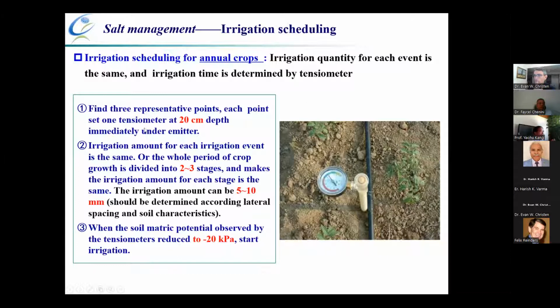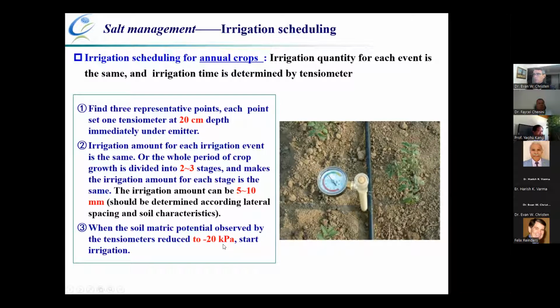We find 3 representative points in the field, and at each point we set a tensiometer at 20 centimeter depth immediately under the drip emitter. So the irrigation amount is the same. Only we transfer the soil matric potential to minus 20 kilopascal.